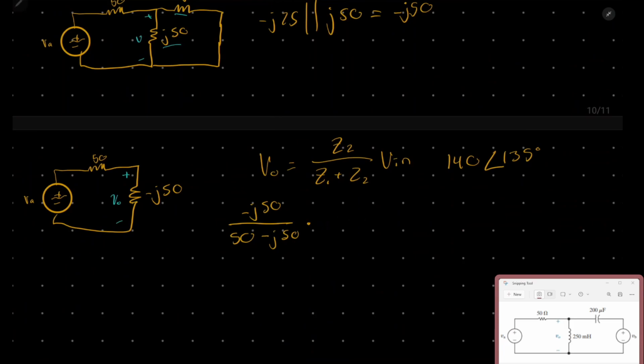Actually, let's put this in rectangular form, because it'll be much simpler for us to put in our calculator. To get rectangular form, to get the real value, it's going to be cosine.